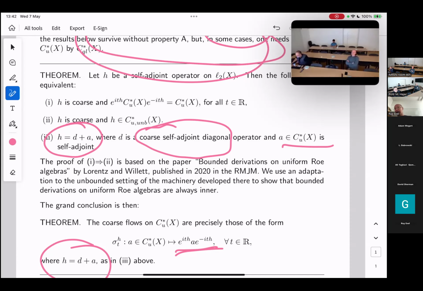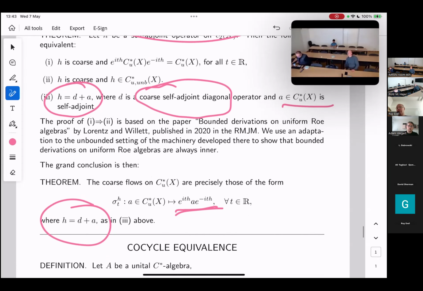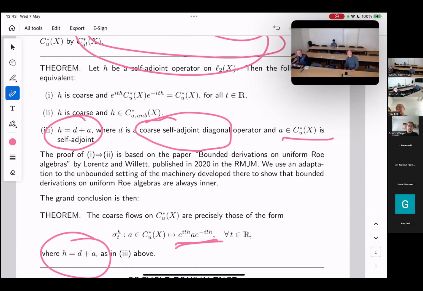There are other things that I could talk about, the KMS states, and also this other part, which is cocycle equivalence of flows, but that's another long story. Okay, muito obrigado. Let's thank our speaker. Thank you so much. Thank you very, very much.